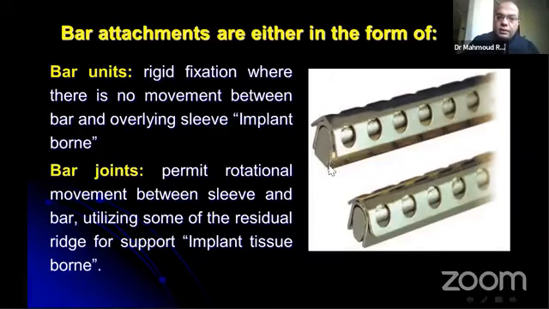But if we have a rectangular cross-section, it can't give us movement, so it will be considered a rigid bar.